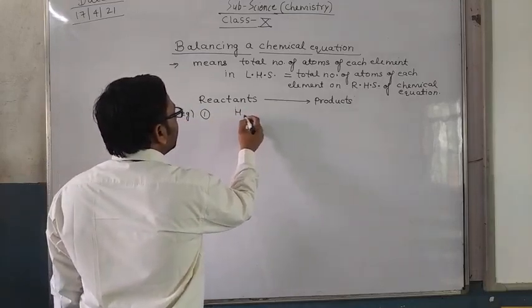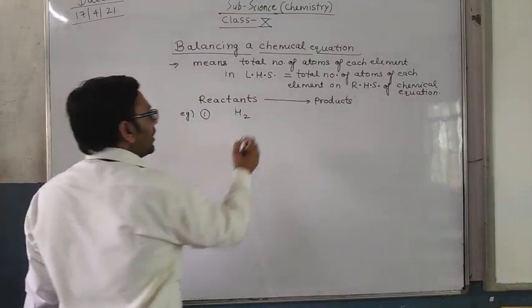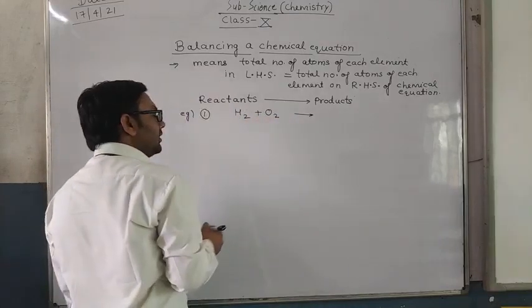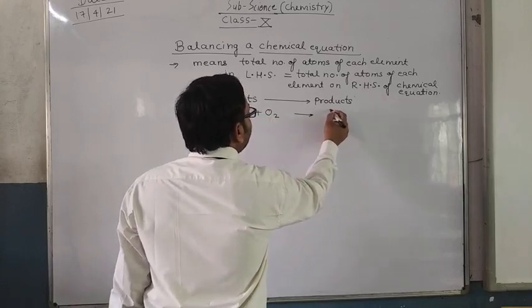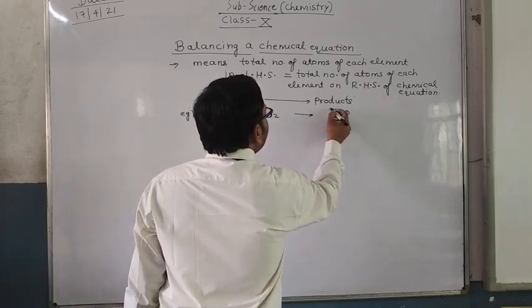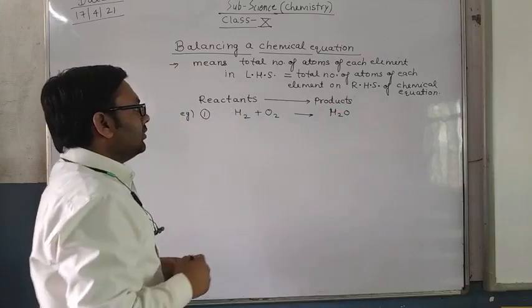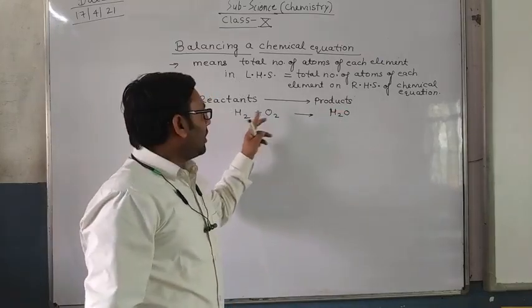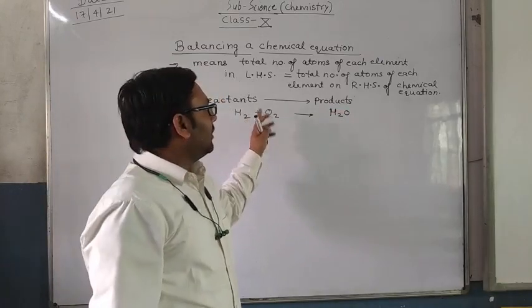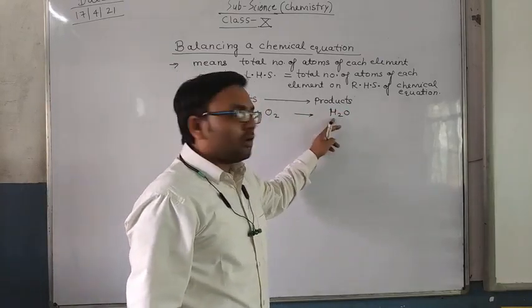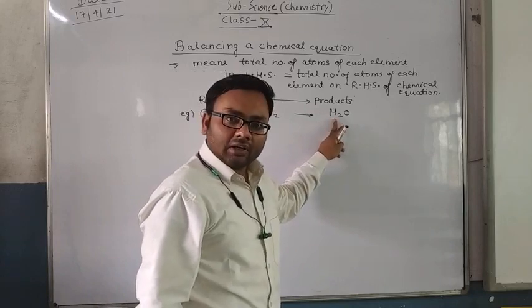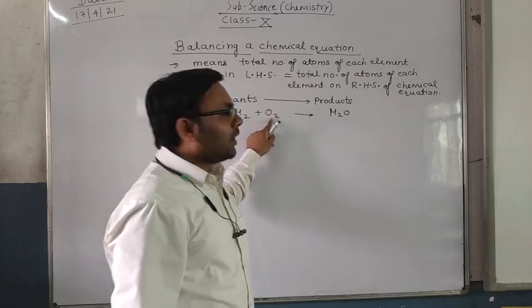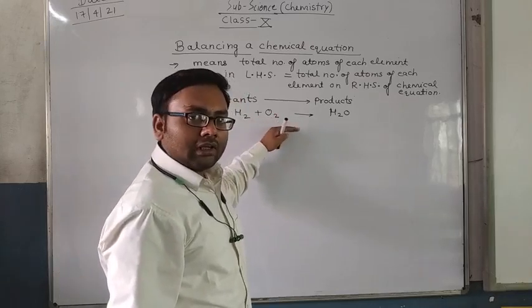You know how water is formed: hydrogen plus oxygen combine with each other and form H2O. Now we have to check how many atoms of hydrogen and how many atoms of oxygen are there on each side. On the left hand side there are 2 atoms of hydrogen and 2 atoms of oxygen.